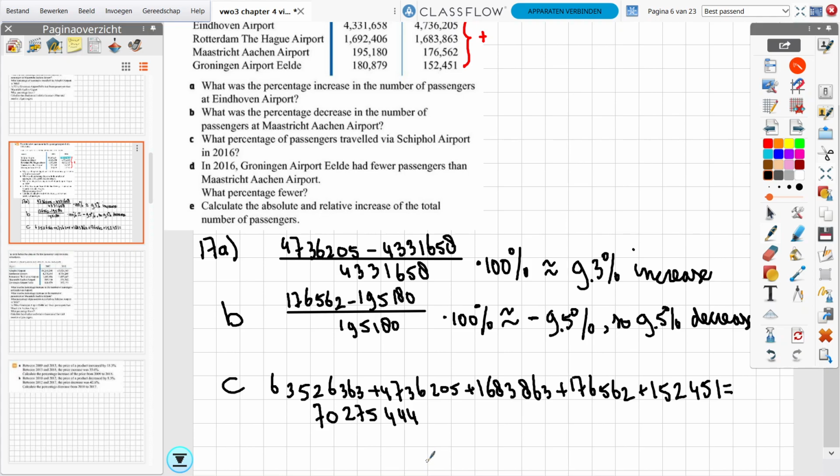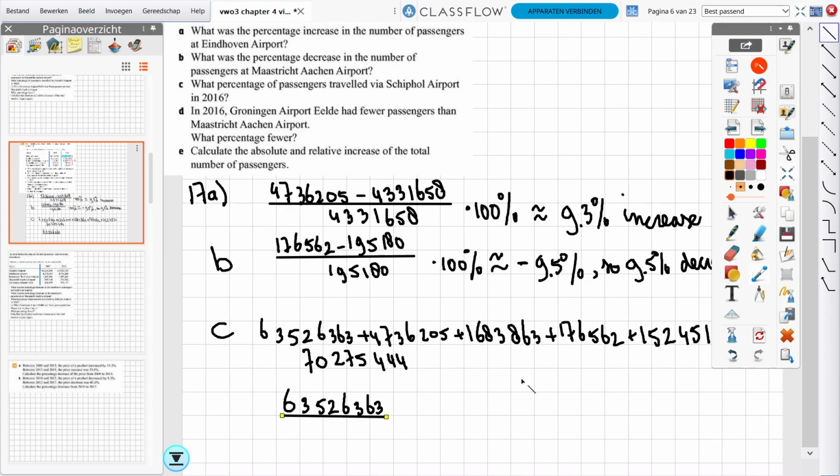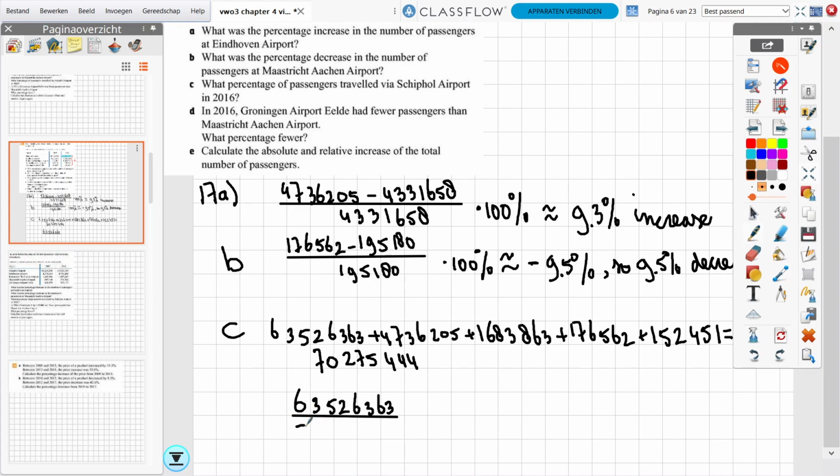of passengers in 2016. What percentage of passengers traveled via Schiphol? That means that I now take the amount of Schiphol. You can see in the table which one it is. I remembered that as being the first one here. That's the part. Divide that by the total, what we just calculated.